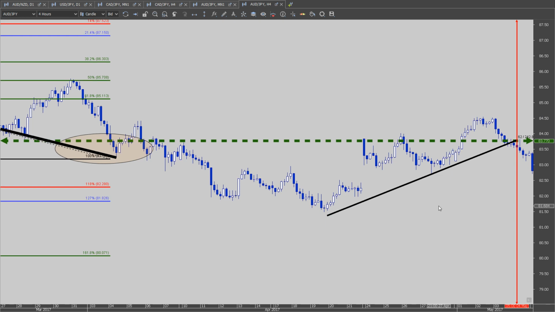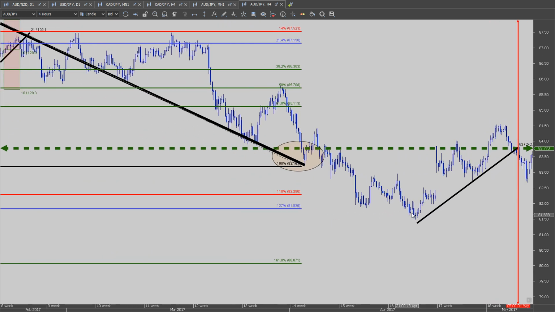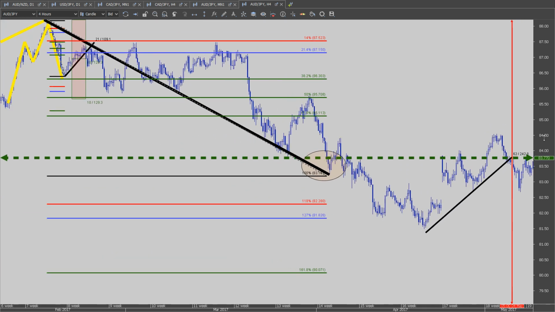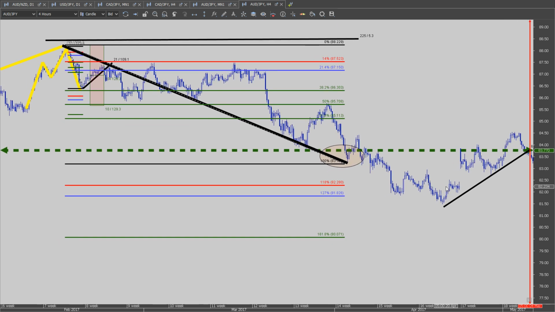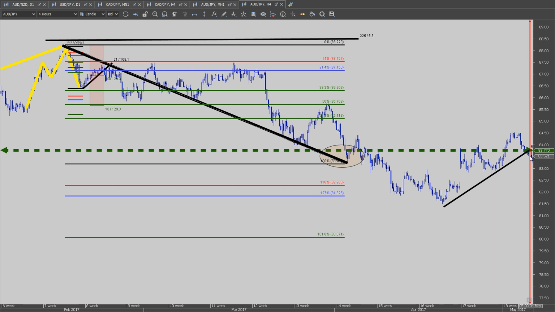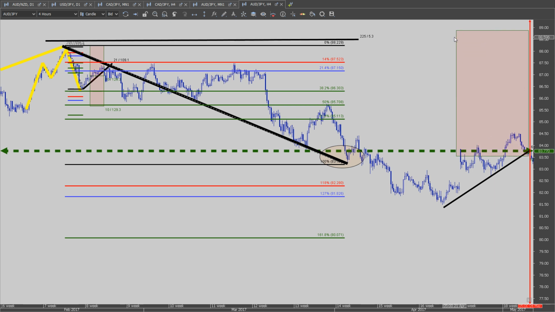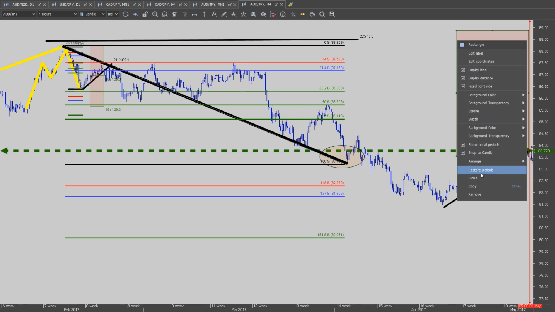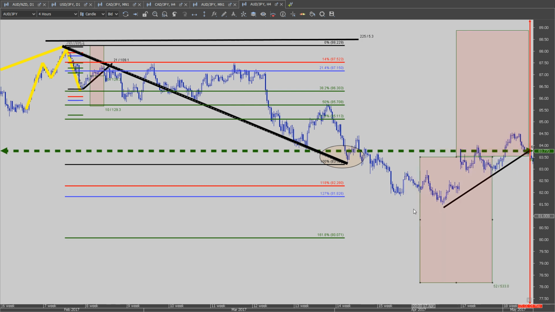Now let's compress the chart. And again, this most likely is not going to be our trade, because of risk and reward. We are risking more than we are making. So no trade for us.